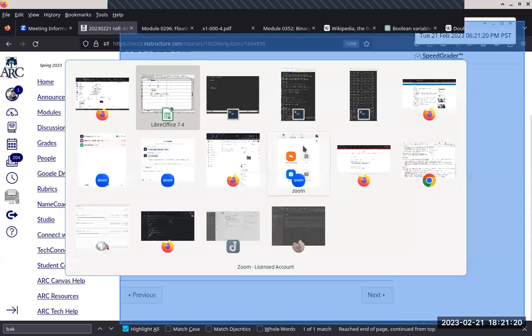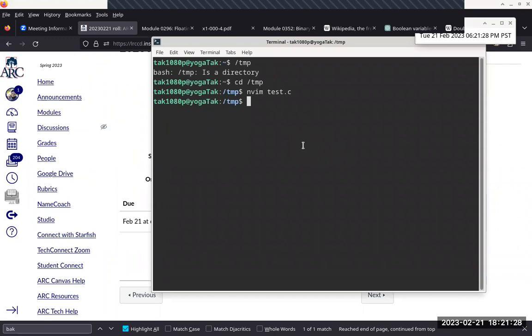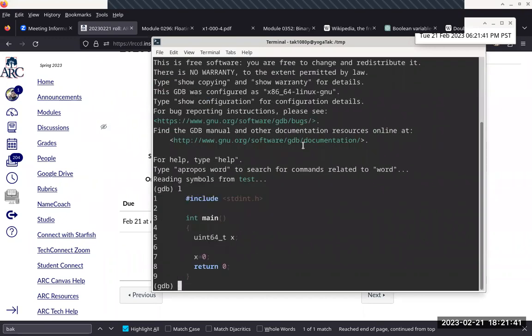All right, so moving on to this program here that looks like it is not going to get the job done. We'll go ahead and do gcc -g -o test test.c. It just compiles the program with debugger information. And then we do gdb test here. So now we are in the program.